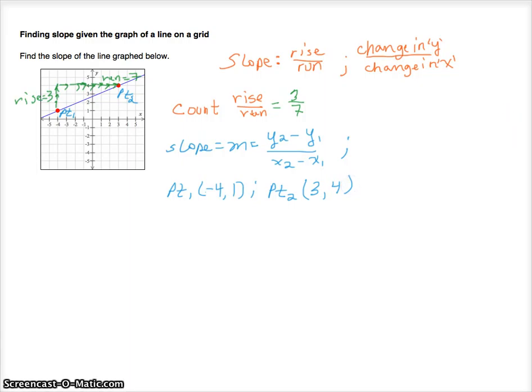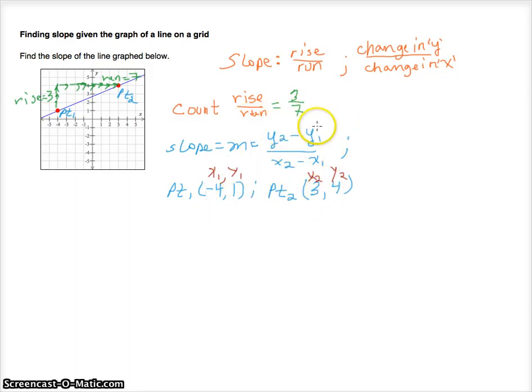So now we can go through and name our coordinates: we have x1 and y1. Sorry, that's not y1, this is y1 right here. And x2 and y2. Now we can put these into our formula to find our slope.